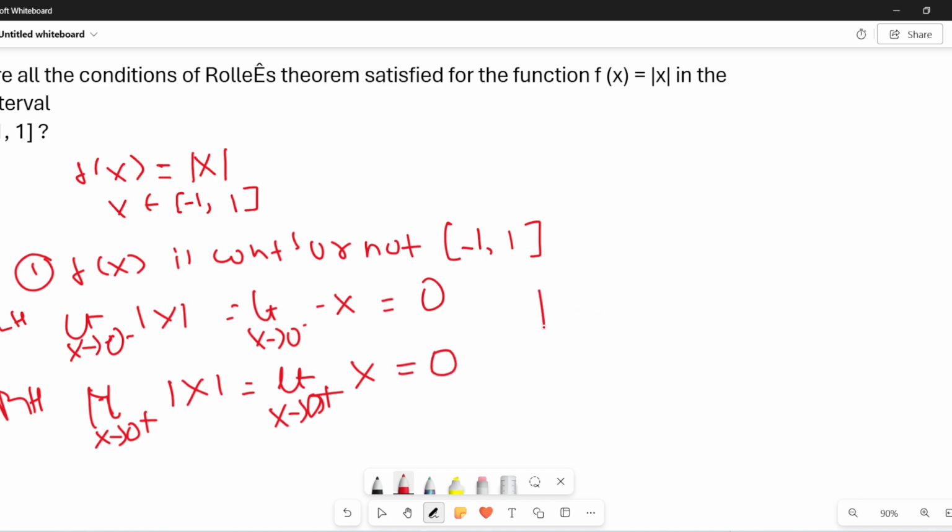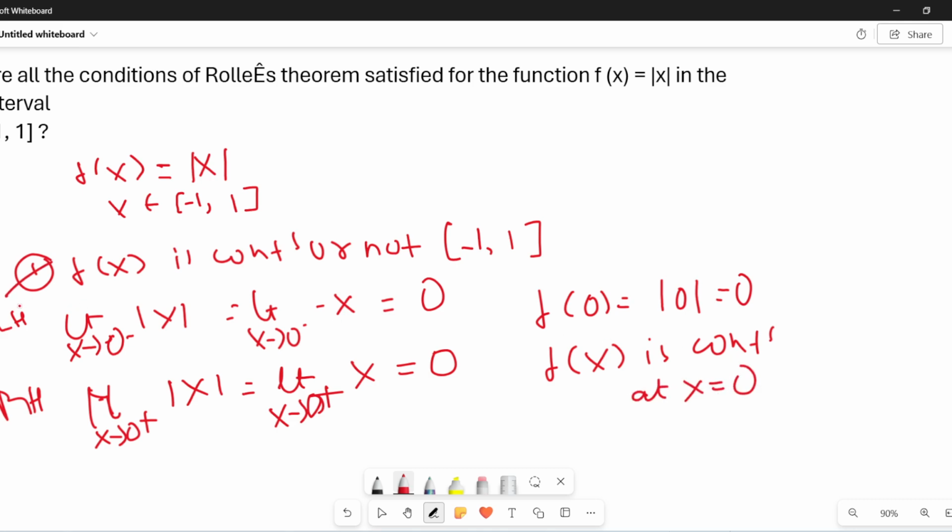And the value of the function f(0) will also give 0. So the function is continuous at x = 0. The first condition is satisfied.